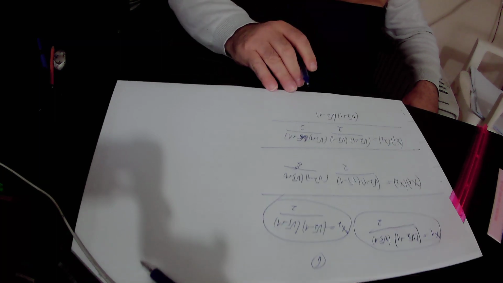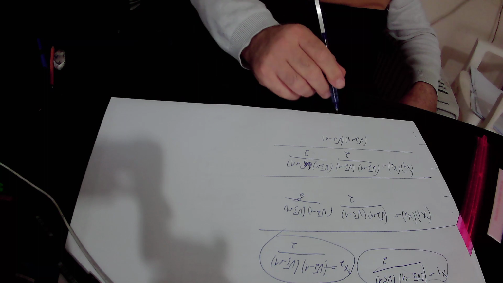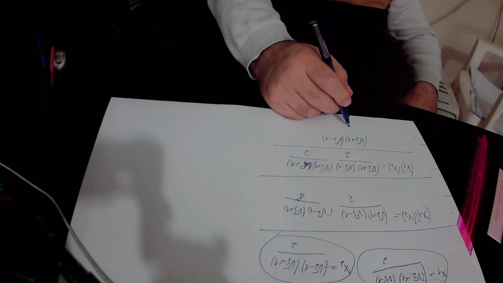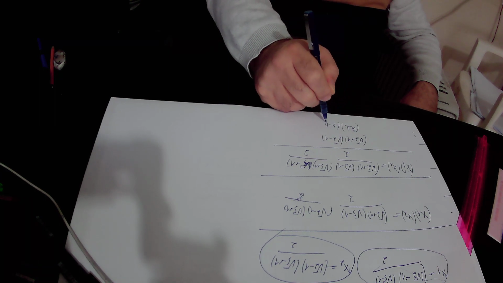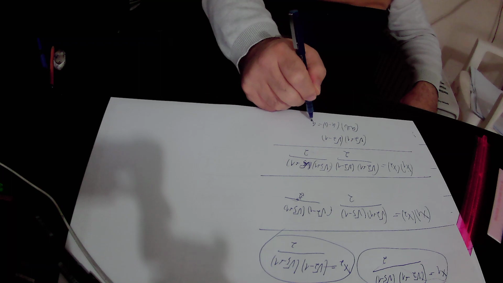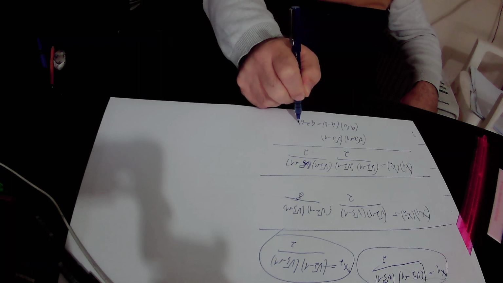Actually, this expression is very similar to the algebraic identity that states that a plus b times a minus b equals a squared minus b squared.